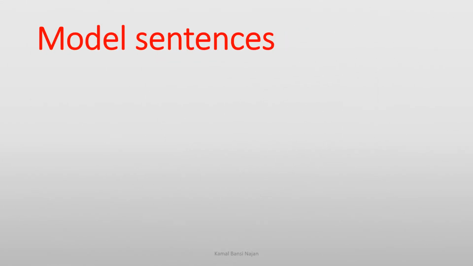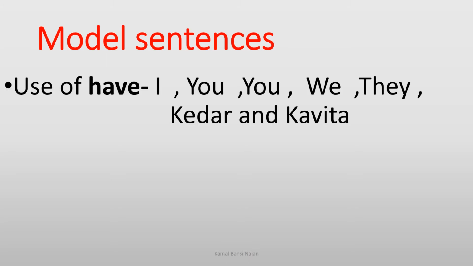Model sentences. Before using this tense in the sentences, we have to understand use of have. When we have to use have? When the subject is I, or you, or we, or they, or Kedar and Kavita.